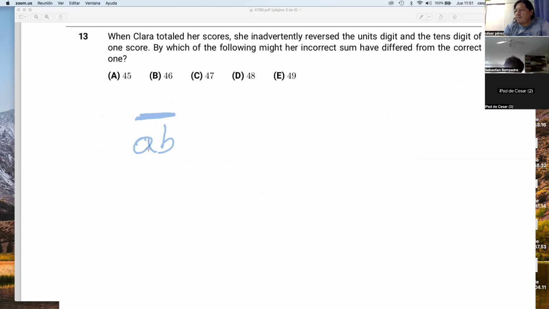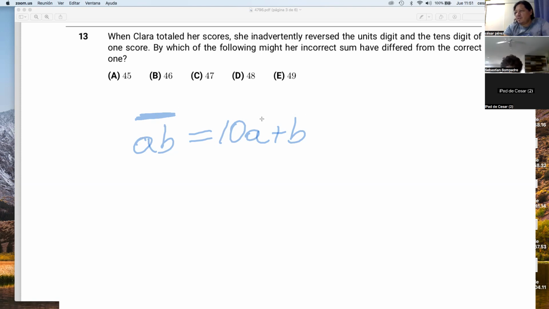This way of writing is very useful for explaining a problem, but it's not useful if you want to make some algebra. If you want to make some algebra, you must translate this into this. Esto es muy útil para expresar un problema, pero esto no sirve para hacer operaciones, no sirve para álgebra. Necesitamos transformarlo en una ecuación algebraica.